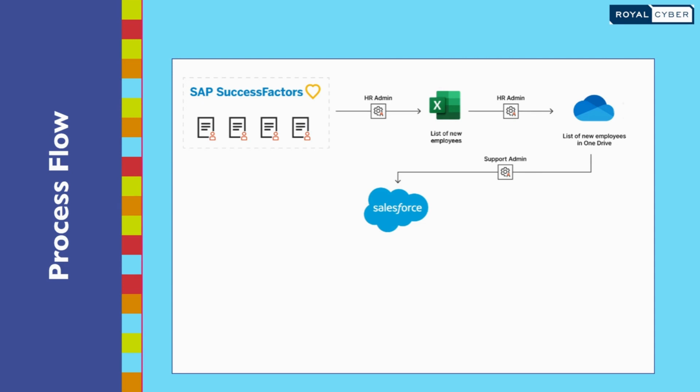The process starts with an HR admin generating a list of new hires and saving it locally in SAP SuccessFactors. Then a support admin picks it up and creates Salesforce accounts by uploading the file to OneDrive.